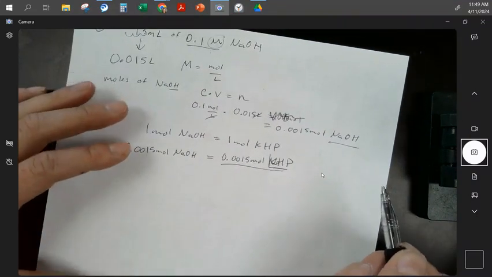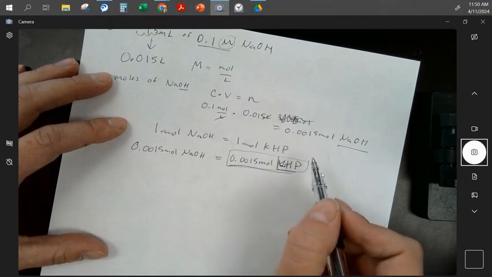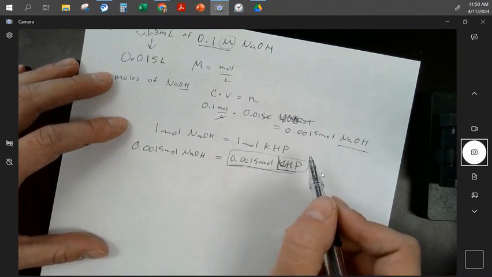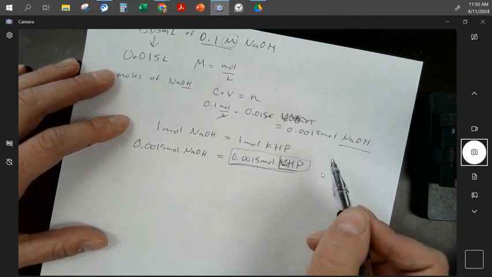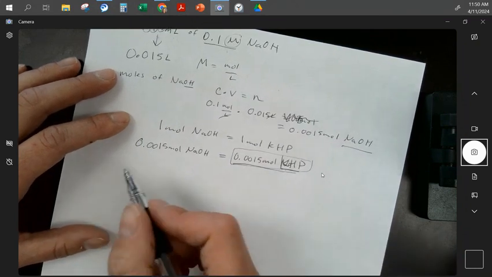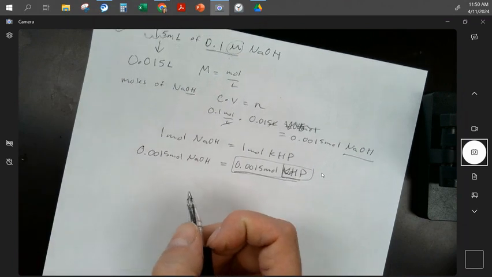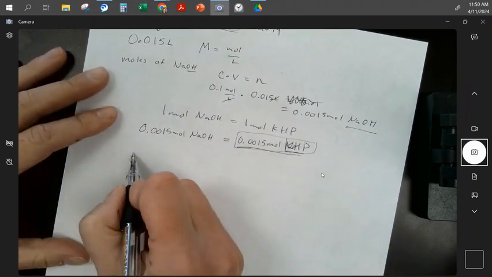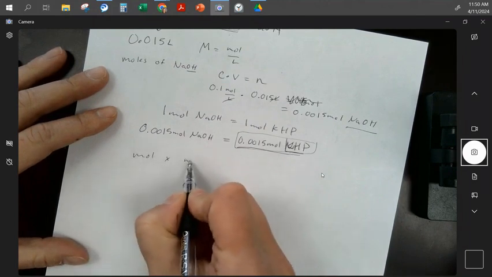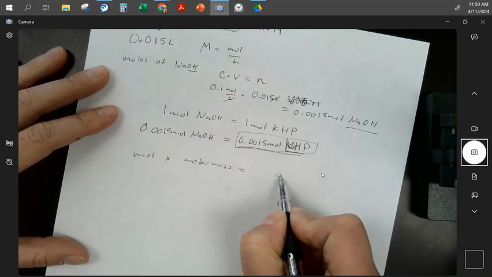Well, we can't measure in moles, so we have to convert this to grams. Do you remember how to do that? Go from moles to grams. If we take the moles times the molar mass, that gives us the grams.